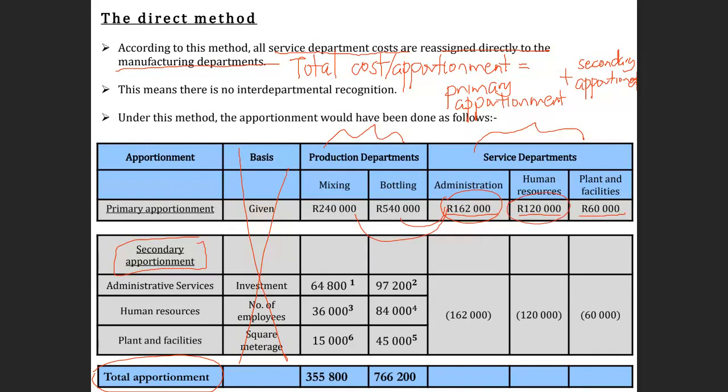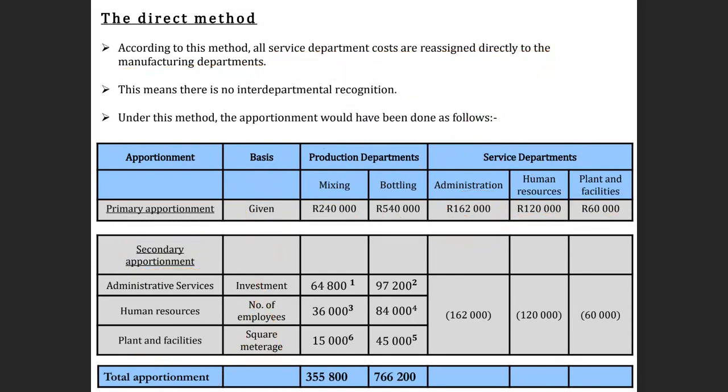The same for the HR cost of 120,000. We're going to split it between mixing and bottling. And the same with the 60,000. We're going to take it and split it between mixing and bottling. So we're basically taking the total cost of each of those departments and we are reallocating it to the mixing and bottling departments. So let's have a look at how we do this.